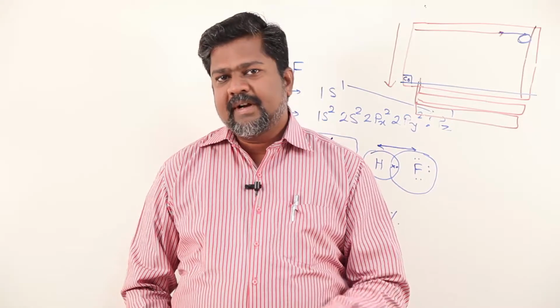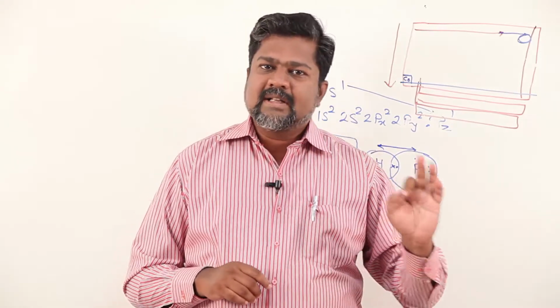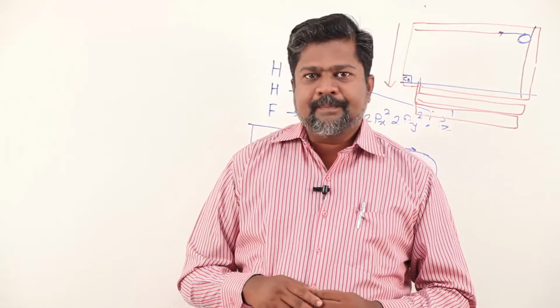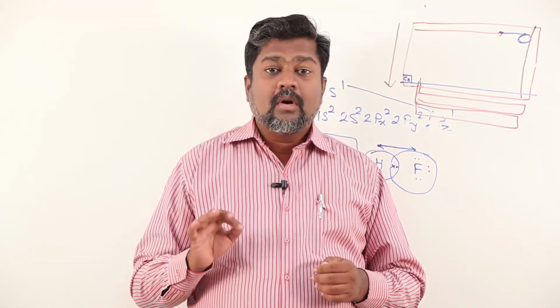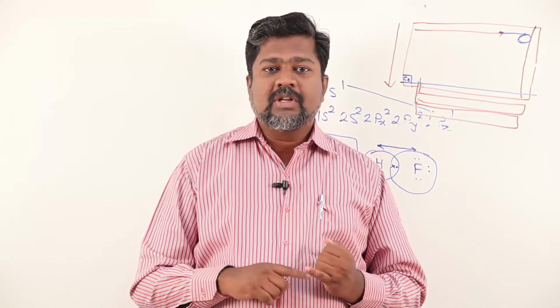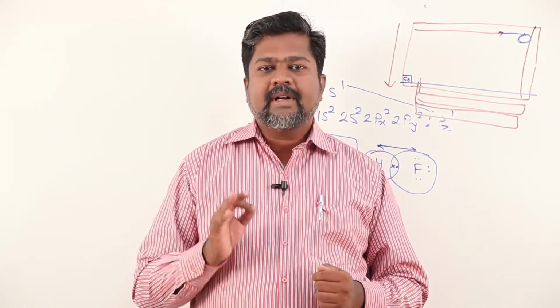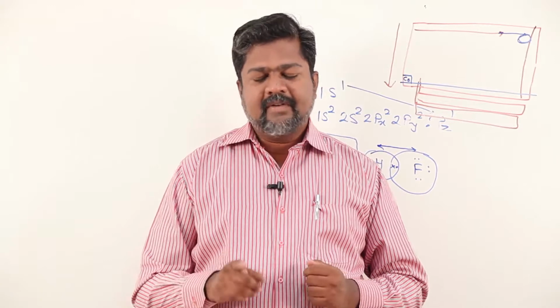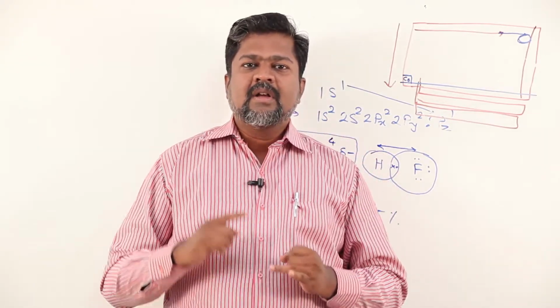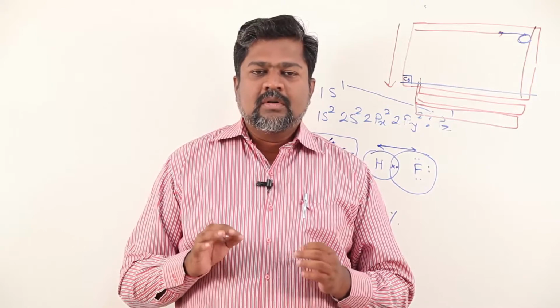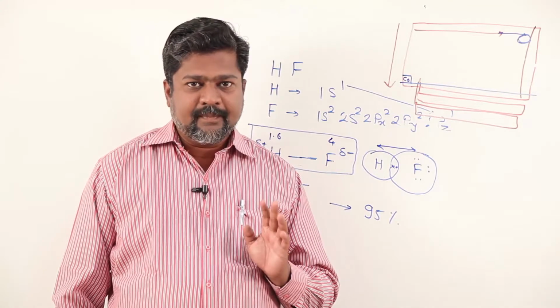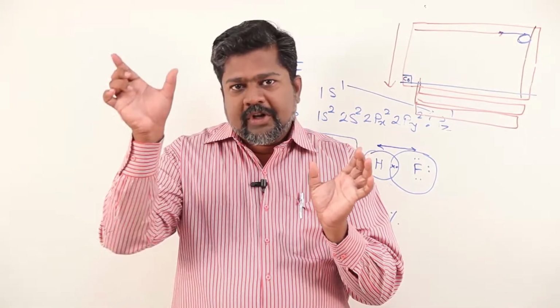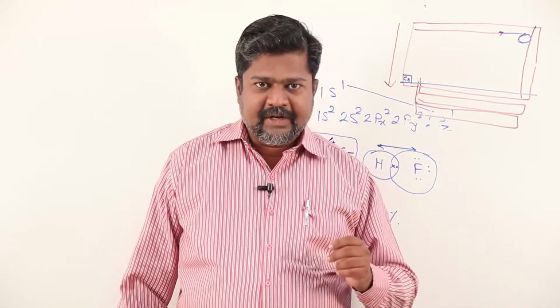Before defining electron affinity, I must define again ionization potential or ionization energy. It is the minimum energy required to remove or snatch out the most loosely bound electron from an isolated gaseous atom. I am revising. Alright, now I am putting here a definition of electron affinity.